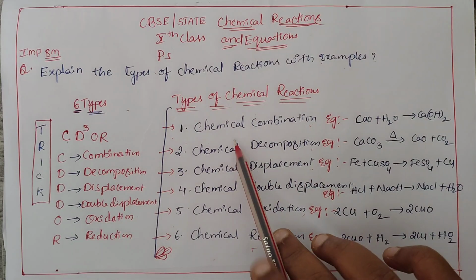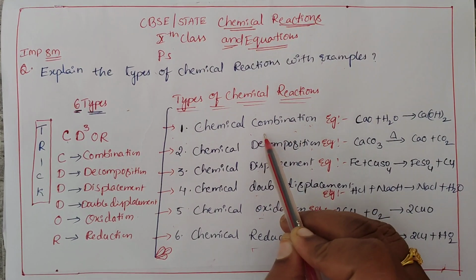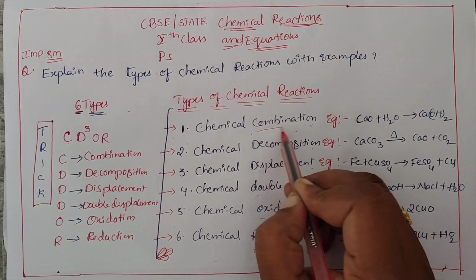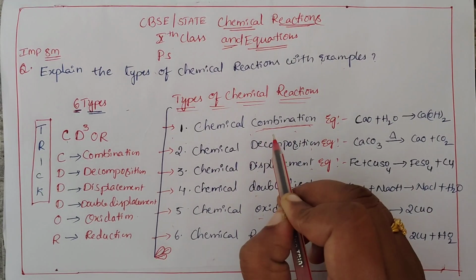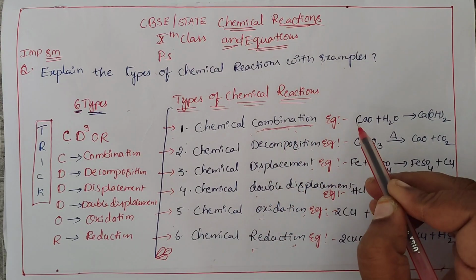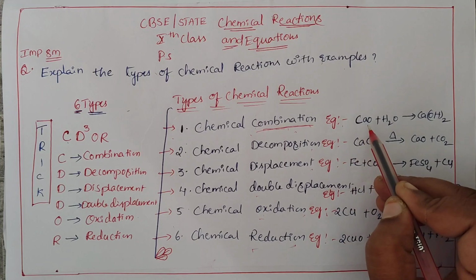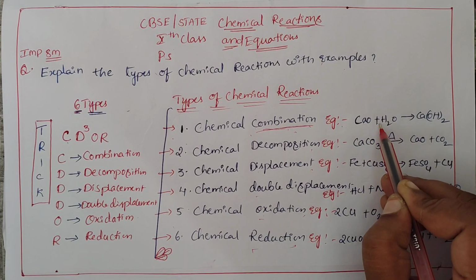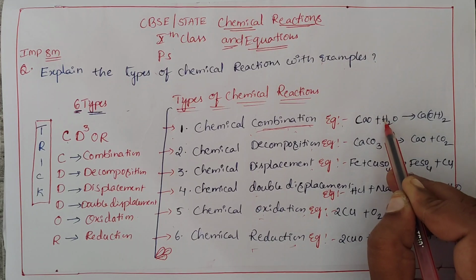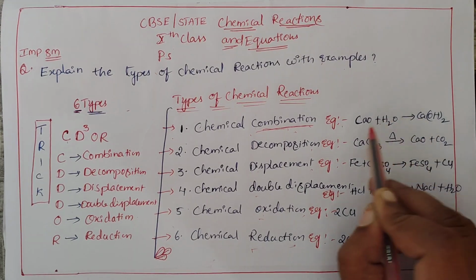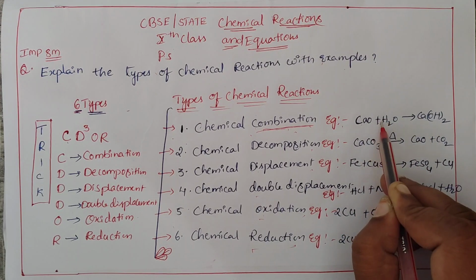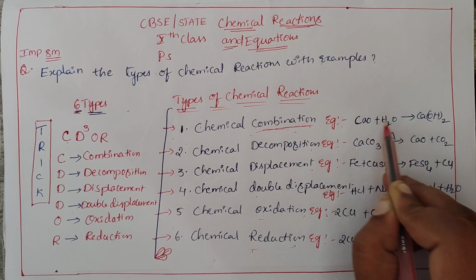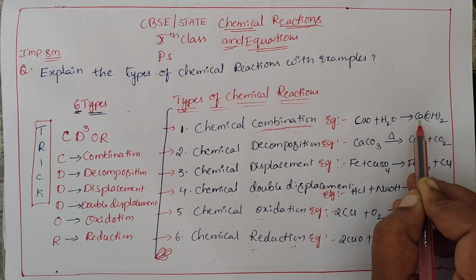So here, what is a chemical combination reaction? The name itself indicates combination. Let us take an example. Two or more reactants chemically combine together to form a single product.